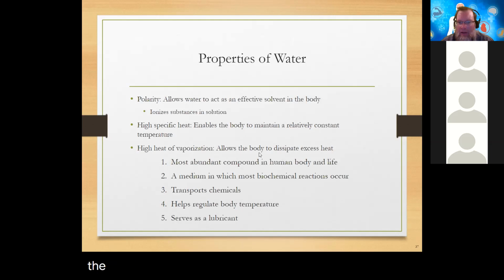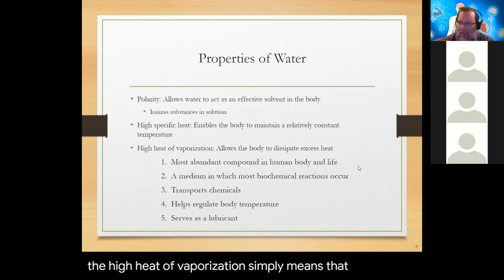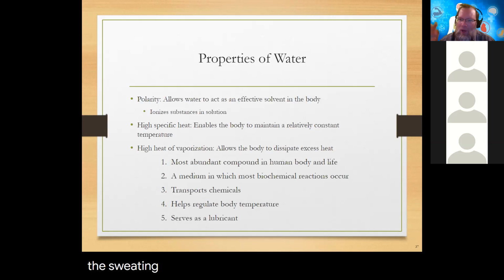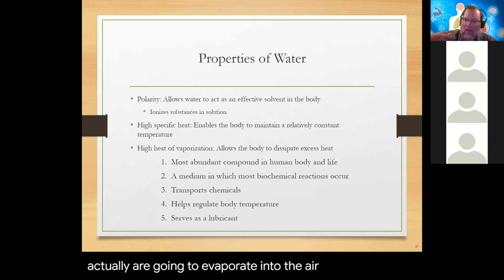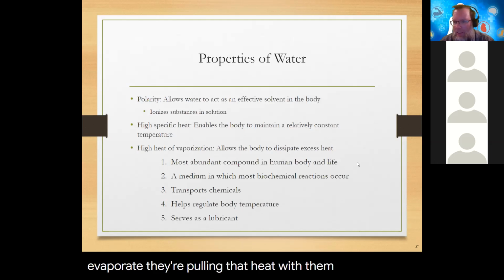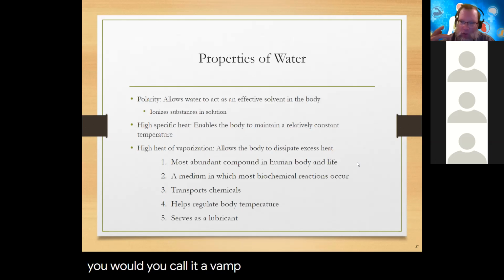The high heat of vaporization simply means that excess heat can vaporize off of the body, because this is part of the sweating. So when you sweat, those water molecules that are forming on the body are going to evaporate into the air. And as they evaporate, they're pulling that heat with them. That's what we call evaporative cooling.